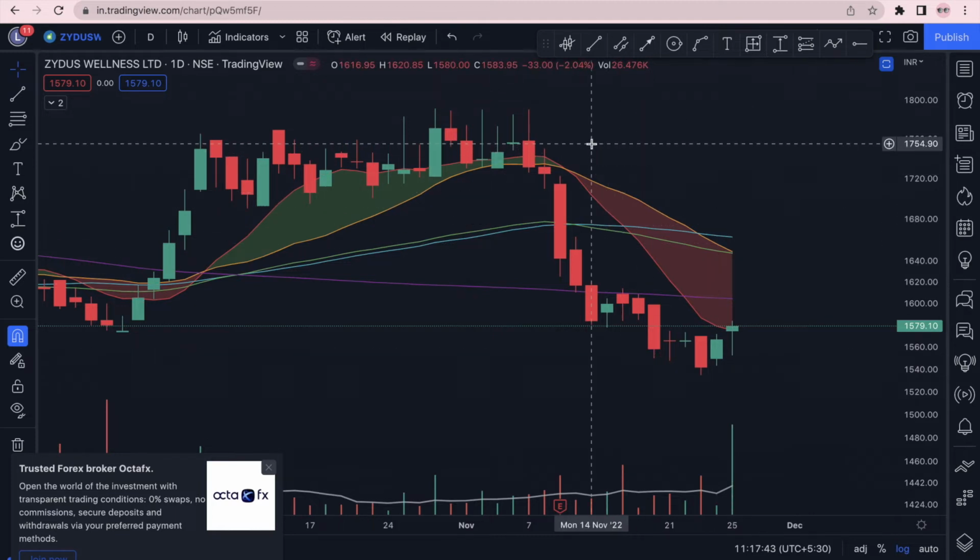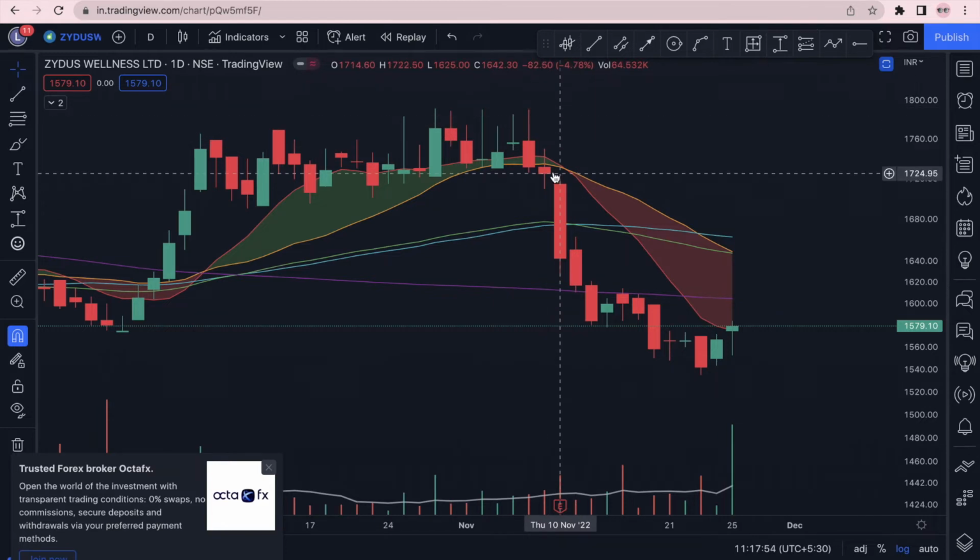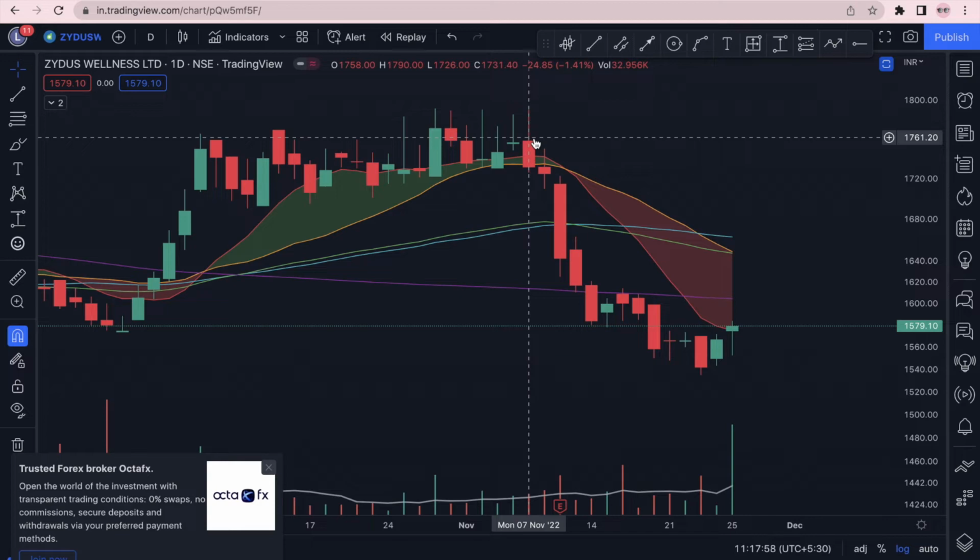Whereas if you can code that the close has been towards the down 50%, below half of the daily candle range, then what you are going to get is a bearish one, right? So let's try and code for this.